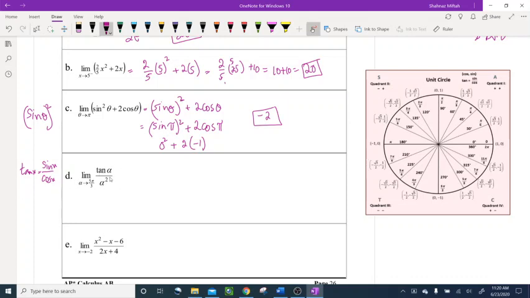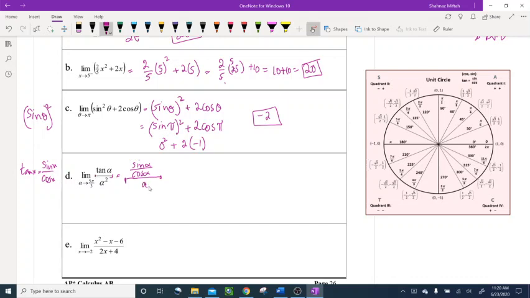So we need that. I'm going to rewrite this as sine x over cosine x so I can use my unit circle. So I'm going to rewrite it. It's equal to sine alpha over cosine alpha, and this is the big division, which is this one I'm talking about, alpha squared.